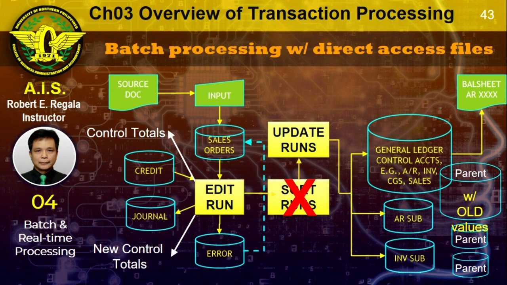A disadvantage of sequential file updating is the need to sort the transaction file before each update runs. Sorting consumes a good deal of computer time and is error-prone when very large files are involved. Using direct access files eliminates the need to sort transactions into a predetermined sequence.